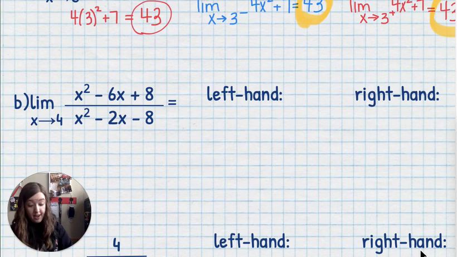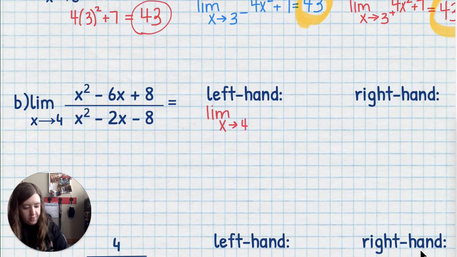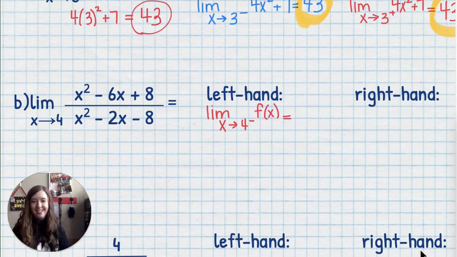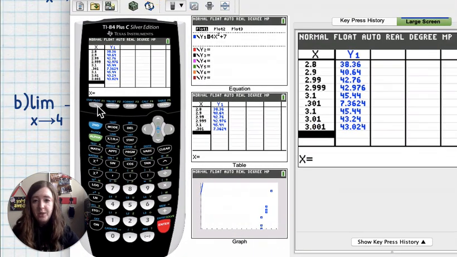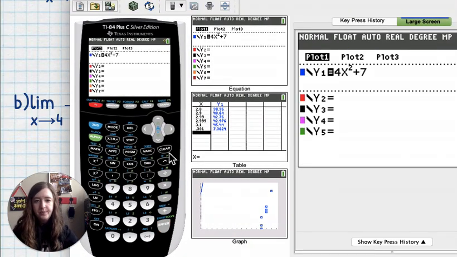So we're going to look at our left-handed limit, the limit as x approaches 4 from the left. So we have that little negative sign, and I'm just going to call this f of x so that way I don't have to keep writing out that function because that's kind of gross. Okay, so we're going to go to our y equals. We're going to clear that out.